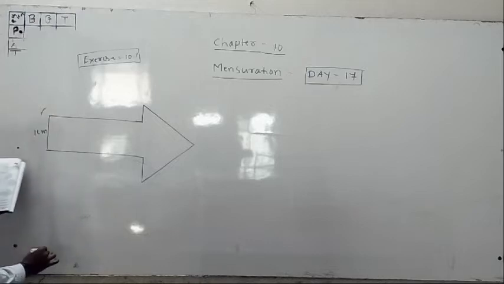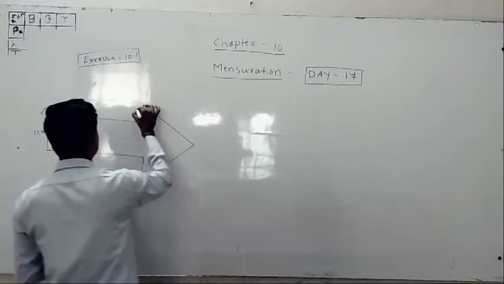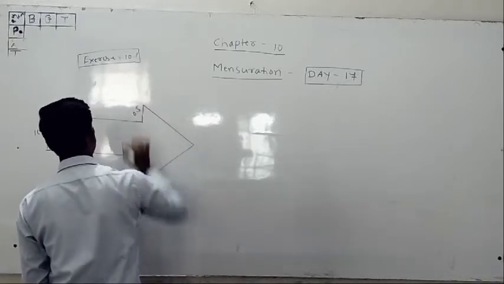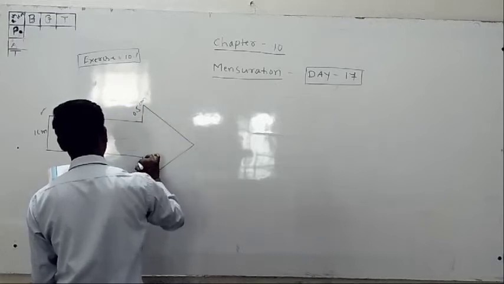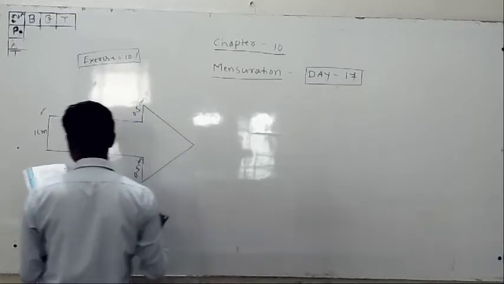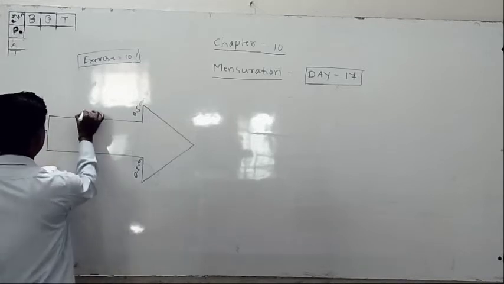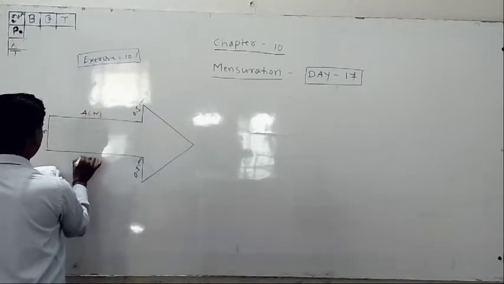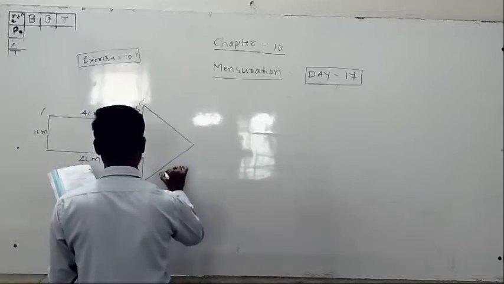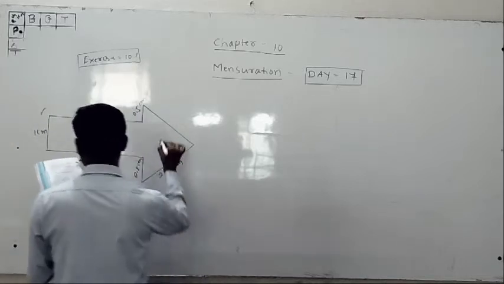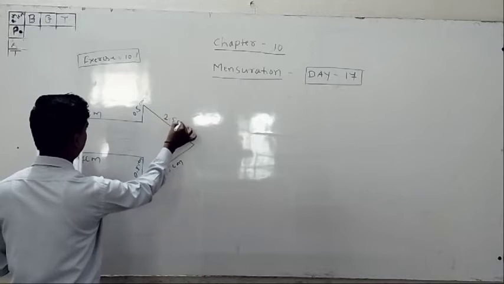Then this is 0.5 cm, it is also 0.5 cm. Then this is 4 cm, this is also 4 cm, and this is 2.5 cm, and it is also 2.5 cm.